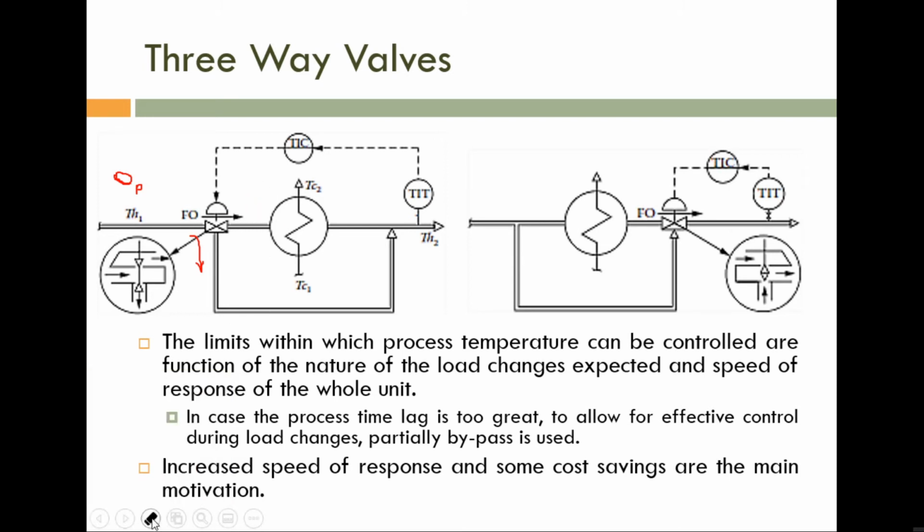So Q1 is the flow rate through the heat exchanger. Now this one is Q2, right? Say after this heat exchanger, the liquid in this process medium has a temperature T1, and this other temperature is not changed. So this temperature is T2.